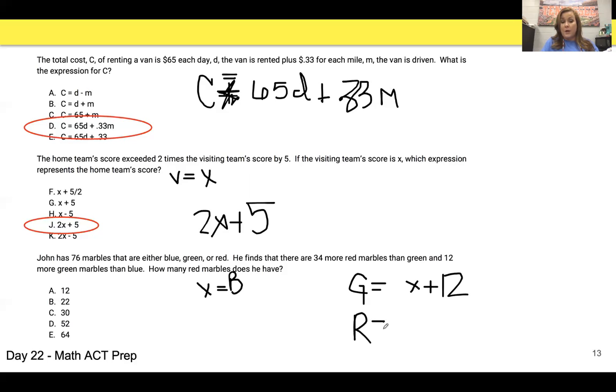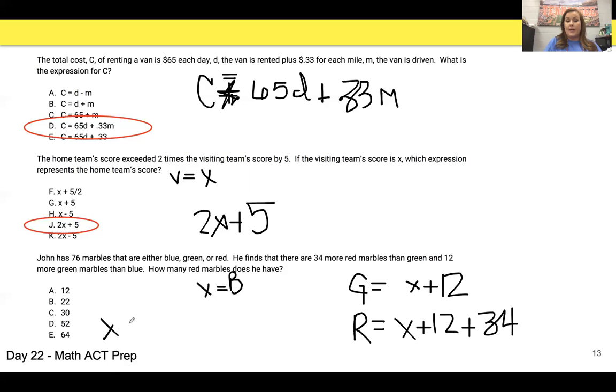So the red one is there's 34 more marbles than green. Well, if green is X plus 12, then there's going to be 34 more than that. So now I can add all 3 of these together and get an equation that should equal 76.